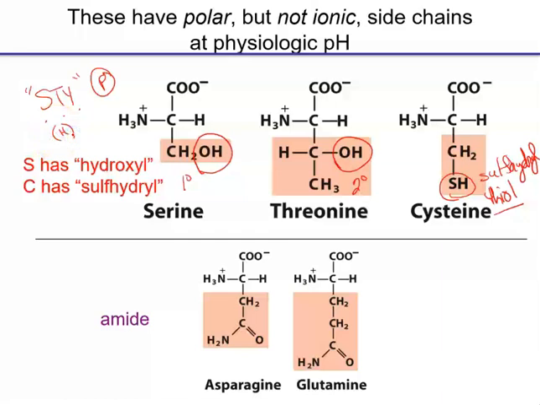At the bottom you see the amide containing amino acids, and this would be asparagine, with N as our one-letter code, and glutamine, which is a Q in our one-letter code system. These tend to be polar, but not ionized.